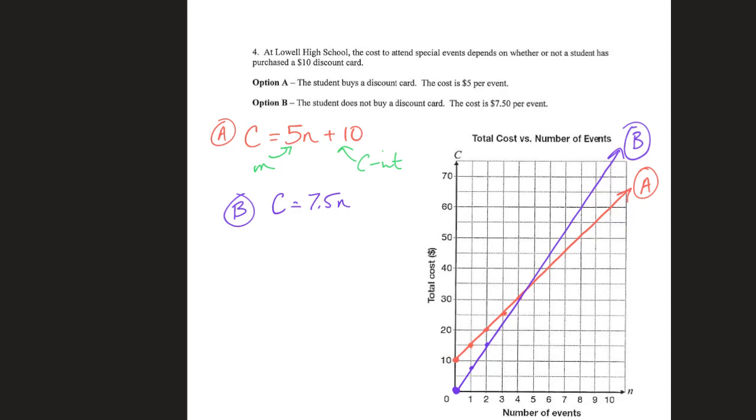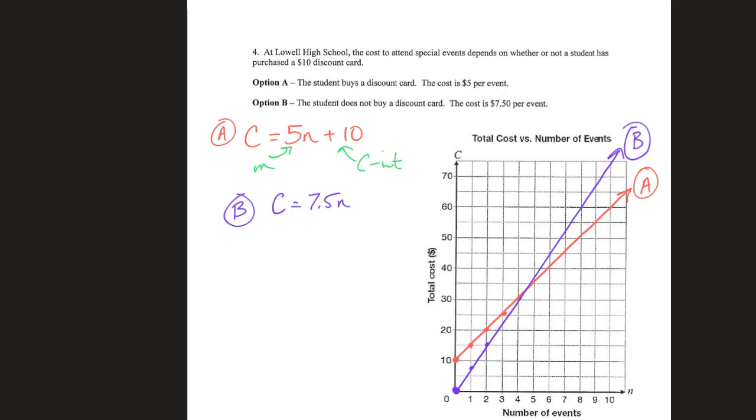A cost of 2 events in option A is that much. I don't even have to calculate or look across to see how much that is, because anywhere where I was lower would have to be cheaper on a cost axis. So the fact that my purple line is lower than my red line means I want to pick option B.